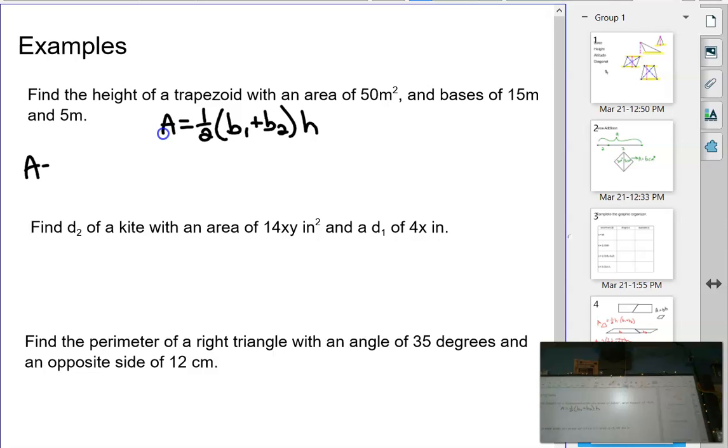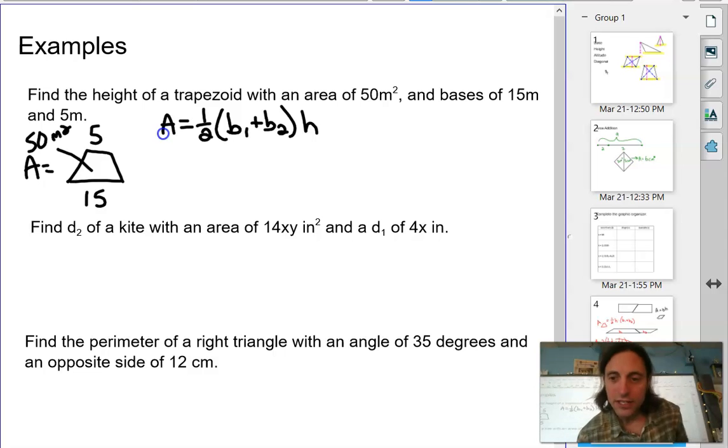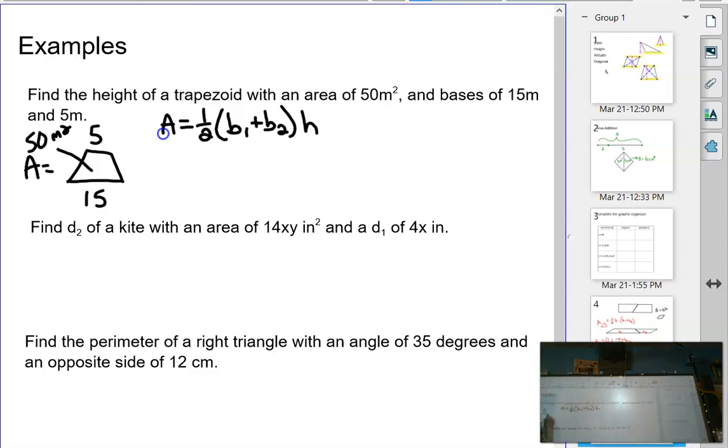So the area of this trapezoid equals... And again, I don't know exactly what it looks like. Maybe it looks like that. It's going to be 5 and 15, and the area is 50 meters square. What I need to do here is substitute the values that I know. So the area is 50, 1/2, 5 plus 15.